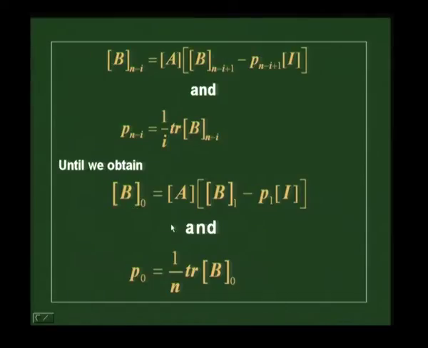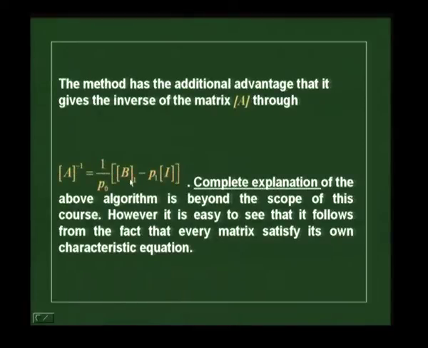We will find that A inverse is simply related to 1 by p 0 times b 1 minus p 1 into I, because we just saw that we can construct b 0 and the trace of that is just p 0. If I divide the right hand side by p 0, then I should be getting an identity matrix. So, I will get A inverse as 1 by p 0 times b 1 minus p 1 times I.